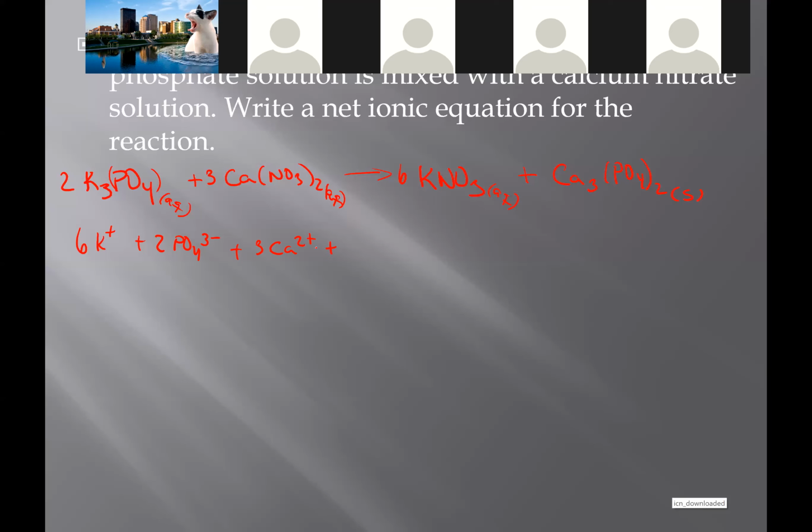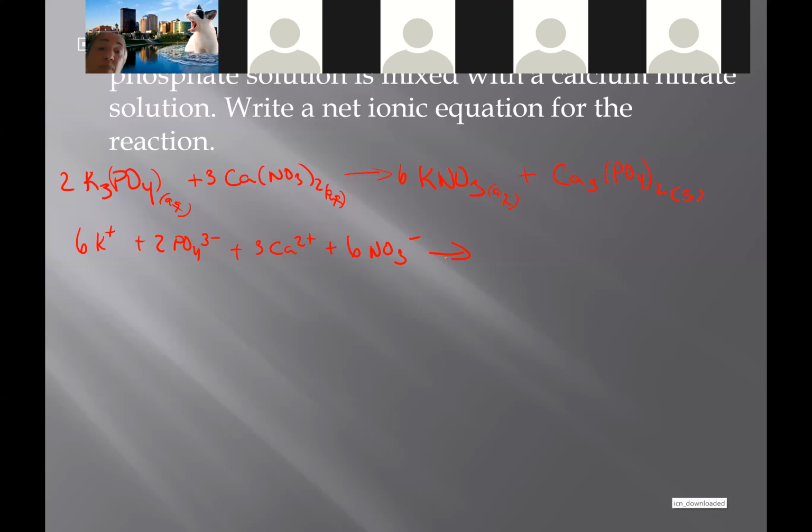And then 6 nitrate minus what? Minus 1. Okay, so 6NO3 minus 1 yields. Okay, good job.